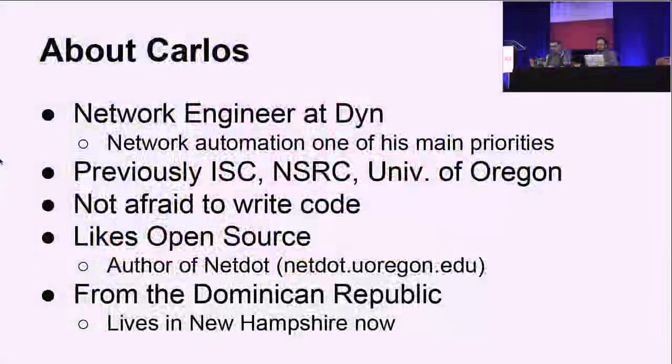Part of that was with the NSRC, a lot of traveling, helping emerging regions with network infrastructure. I wouldn't call myself a software engineer. I'm more of a network engineer, but I can write code when I need to, and that's been really helpful.